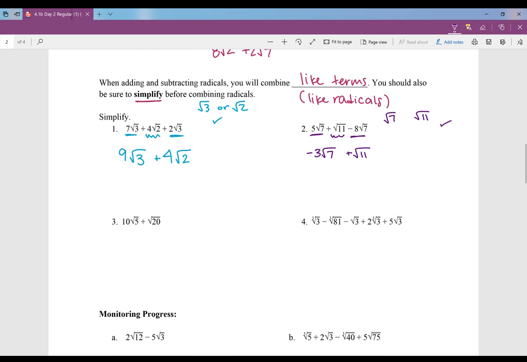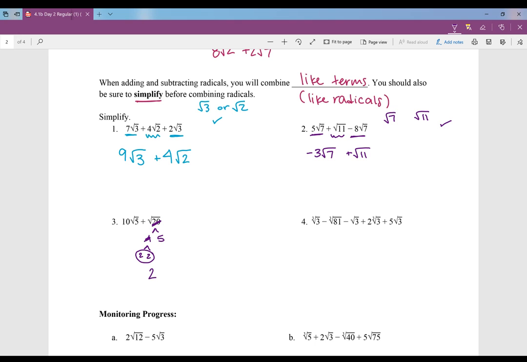Okay, let's look at number 3. So for number 3, we have 10 root 5 plus root 20. Now, can we break down root 5 at all? No, that's a prime number, but what about 20? Well, for 20, we could say that's 4 times 5. And then 4 is 2 times 2. And 2 and 5, those won't break down anymore. So we have one group of 2s.